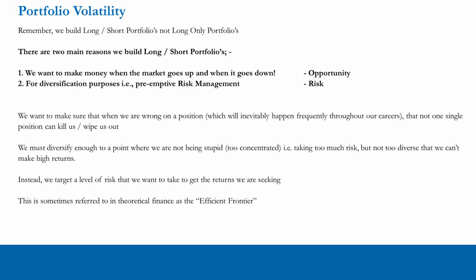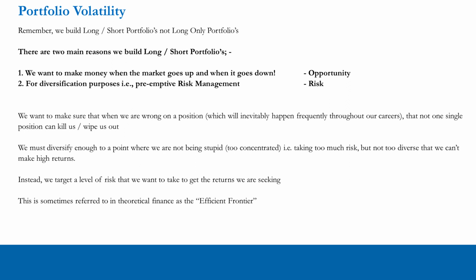We have to diversify enough to a point where we're not being stupid or too concentrated in our positioning, taking too much risk. But we don't want to be too diverse that we can't make high returns. So we're not exposing ourselves to potential large upside in our returns.